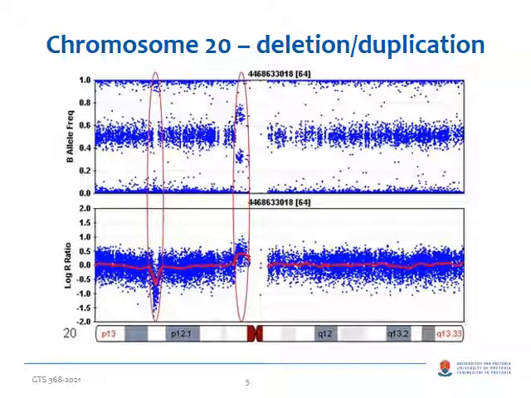Let's use the example of a deletion and duplication of chromosome 20.